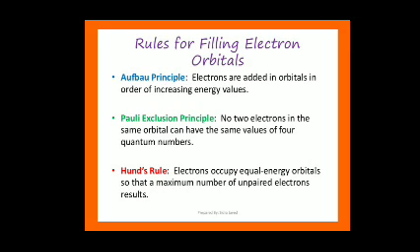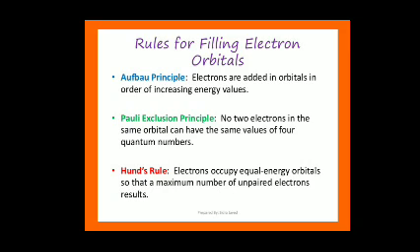Second one, Pauli's principle. What is Pauli's principle? No two electrons in an atom can have the same values for all four quantum numbers. No two electrons in the same orbital can have the same values of four quantum numbers.